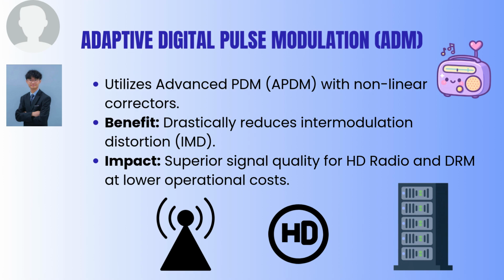ADM utilizes advanced pulse density modulation (APDM) combined with nonlinear correlation technique to dynamically adjust the modulation process based on signal conditions. This approach significantly reduces intermodulation distortion (IMD), resulting in cleaner and more reliable signal transmissions.